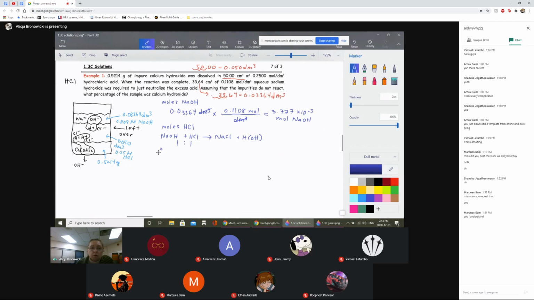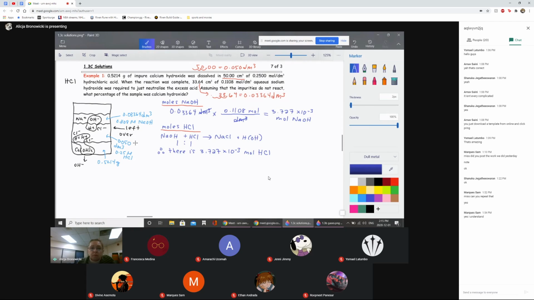So therefore, there is 3.727 times 10 to the minus 3 moles of hydrochloric acid. So that's moles of sodium hydroxide, moles of hydrochloric acid.